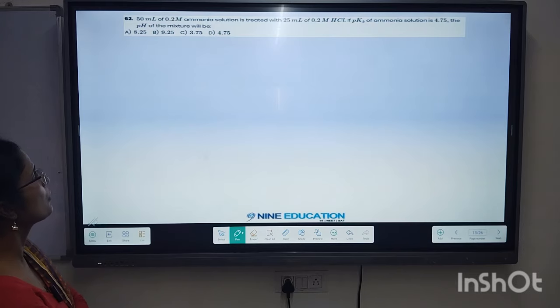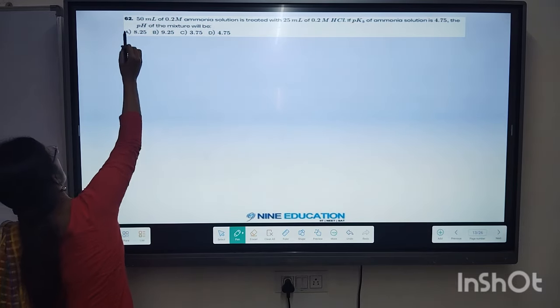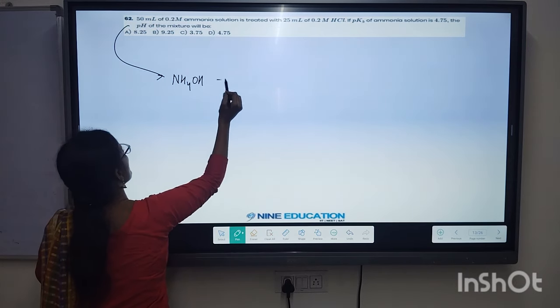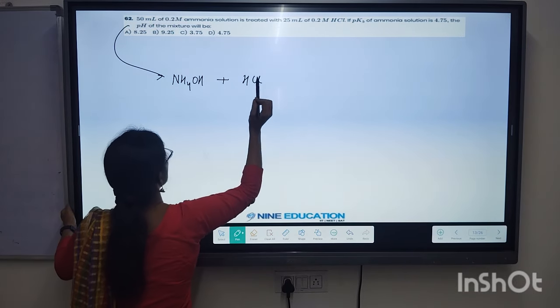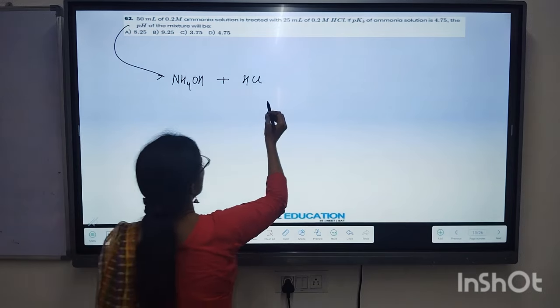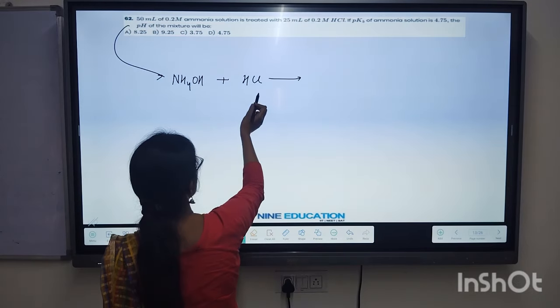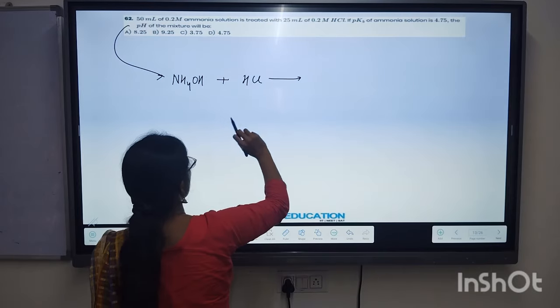We are having some ammonia solution and we are having HCl. Ammonia solution means we are having NH4OH, and along with that we are taking HCl, and some amount is provided for both. We know that NH4OH is a weak base and HCl is a strong acid.